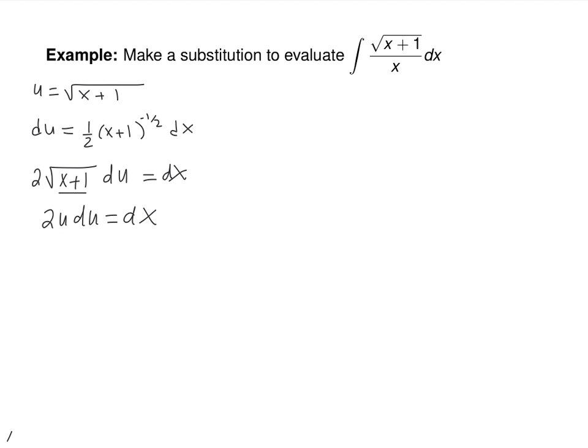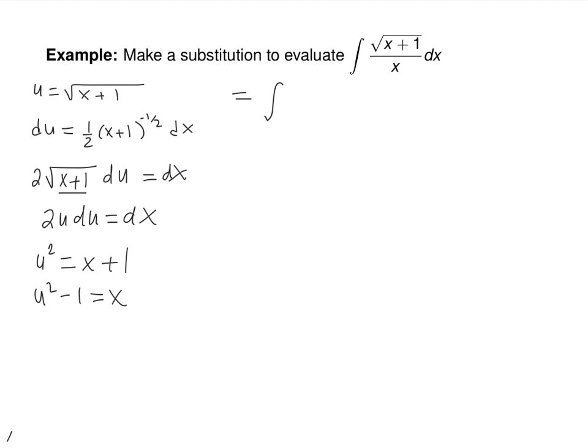So dx is replaced by 2u du. The root in the numerator is replaced by u, and the question is, what about the denominator? Well, to do that, you take the substitution and solve it for x. So u squared equals x plus 1, and u squared minus 1 equals x. I know this is tricky, probably going to be more a homework question than a test question.